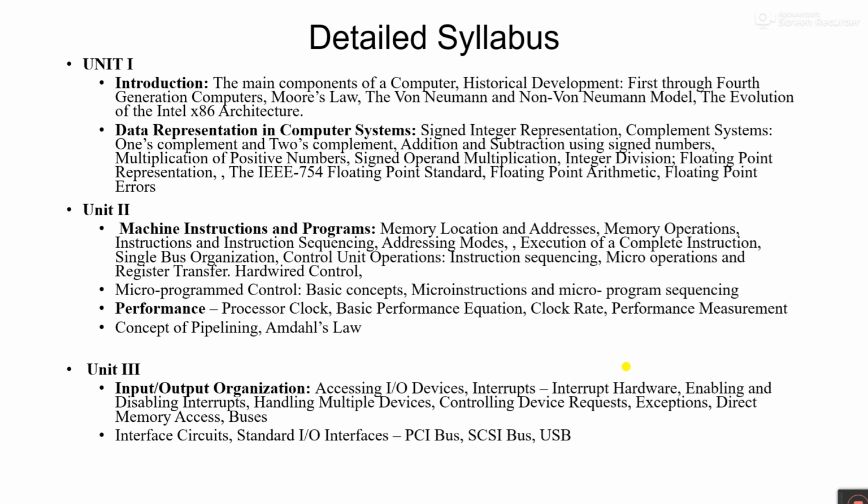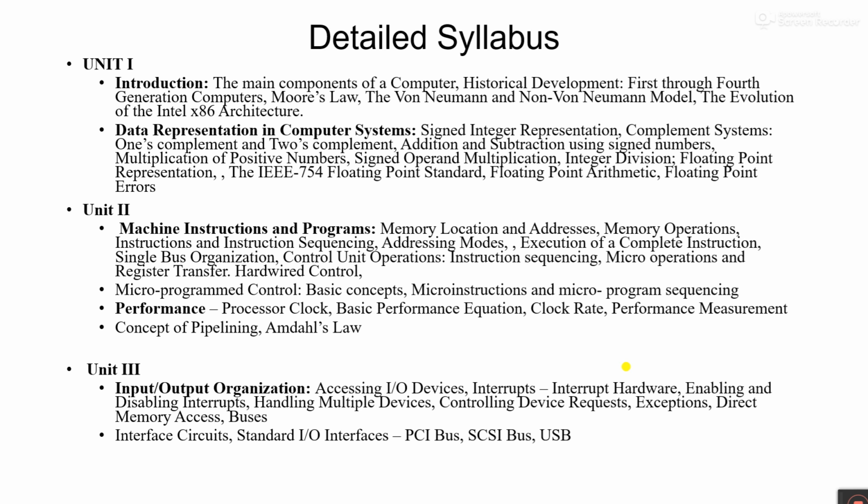Next we will discuss the detailed syllabus. The detailed syllabus of the university for the computer science department is as follows. The first unit includes the basic structure and introduction: the main components of the computer and historical development, that is, how the computer developed.